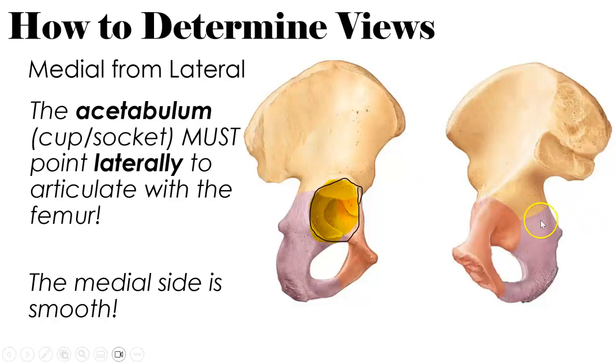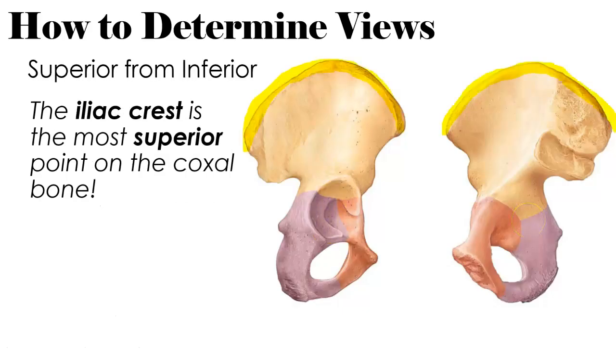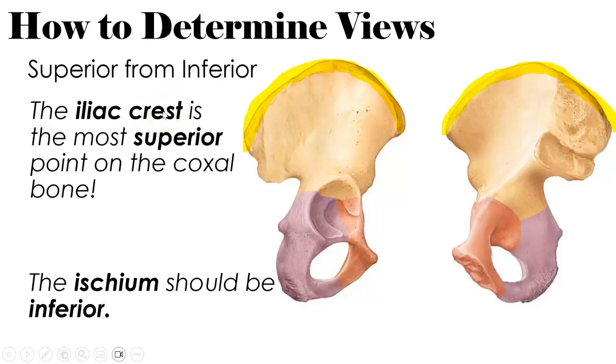You don't want any bony markings interfering with the internal organs of your pelvic region. And then for superior versus inferior, making sure you're directing it upwards, I would use the iliac crest. You can see it from both views. The iliac crest is kind of like the crust on top of your bread, and the ischium is going to be, again, that lower inferior portion.